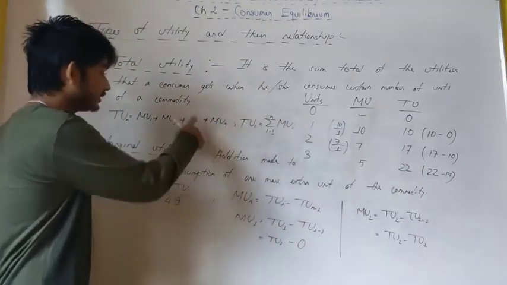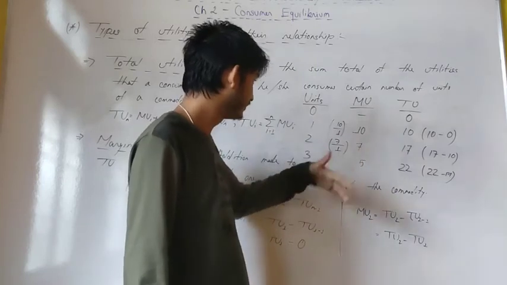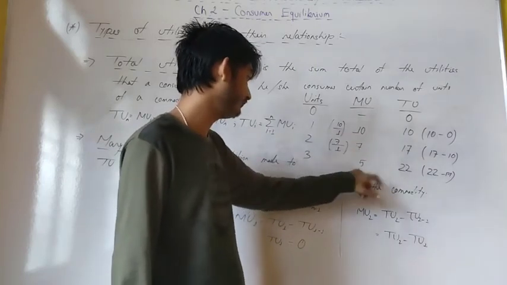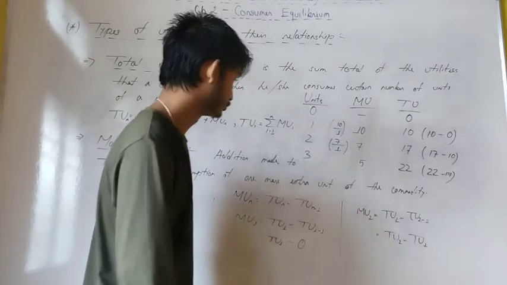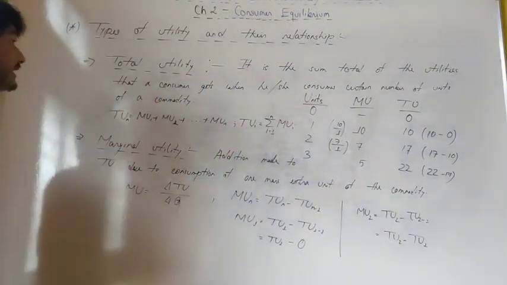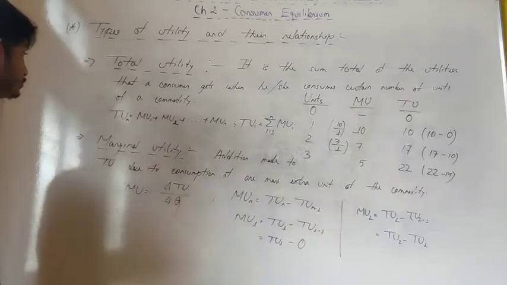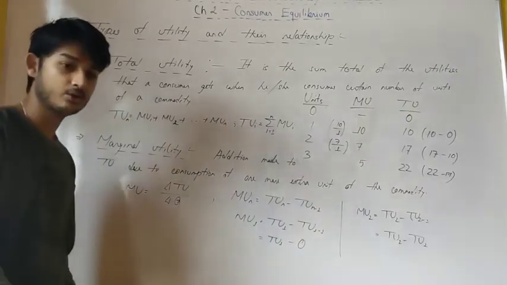For the third unit, we add up the marginal utilities of the three units, 10, 7, 5, which gives me 22. So this is the mathematical relationship between total utility and marginal utility, and this is the simple definition of total utility and marginal utility.